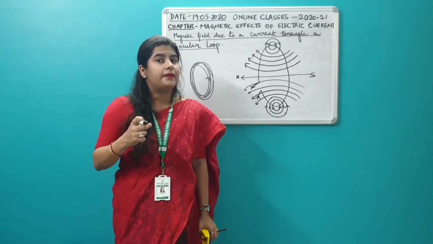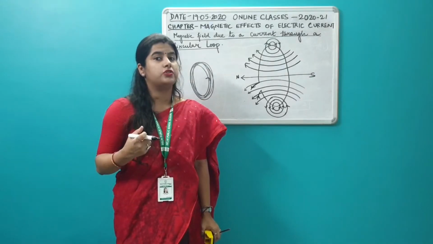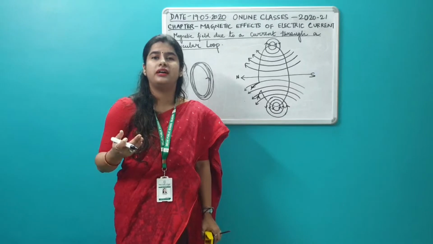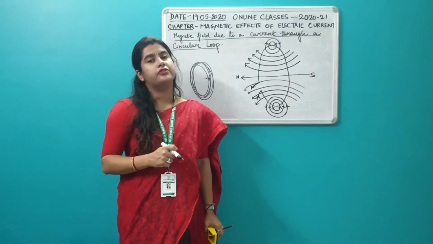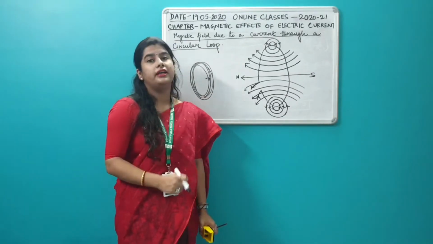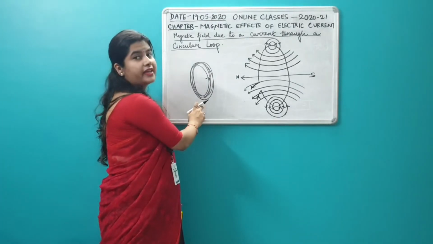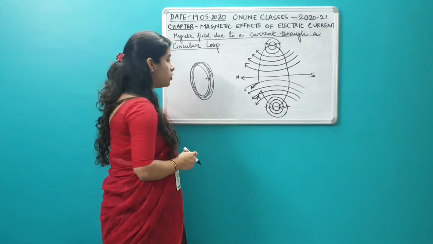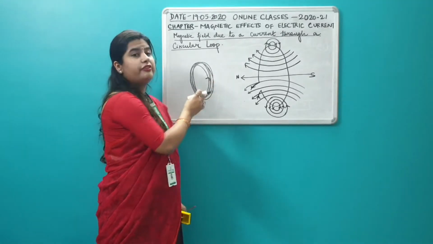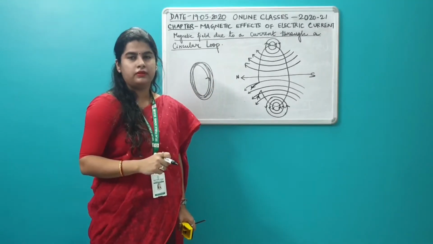If they add up, you can imagine the magnetic effect becomes much stronger if you increase the number of turns in case of a circular loop. If you increase the number of turns, your magnetic effect also increases because the magnetic field lines get added up.